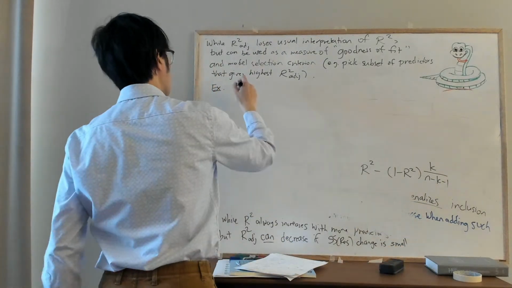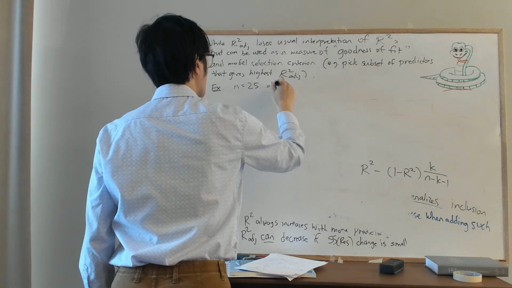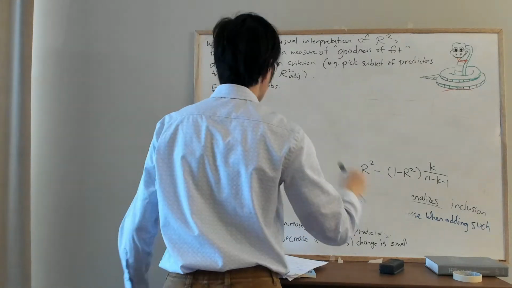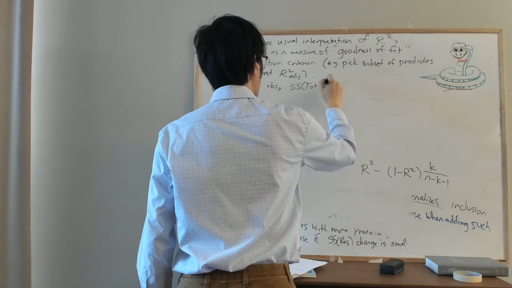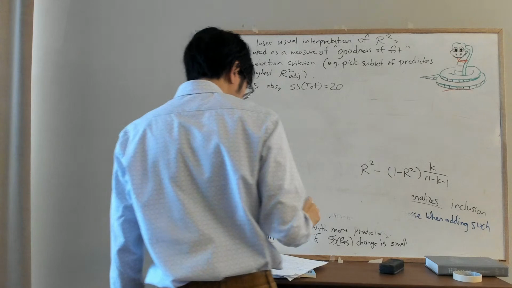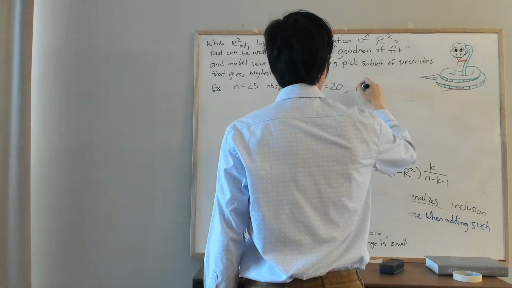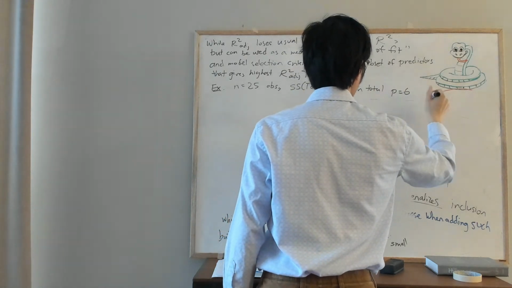Let's say we have 25 observations, and just to give you some statistics, say the sum of squares total is 20, and in total we have, let's say, 6 predictors.